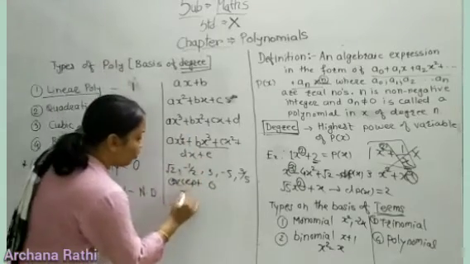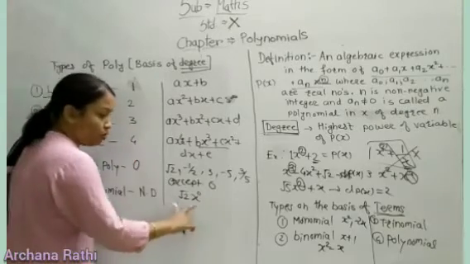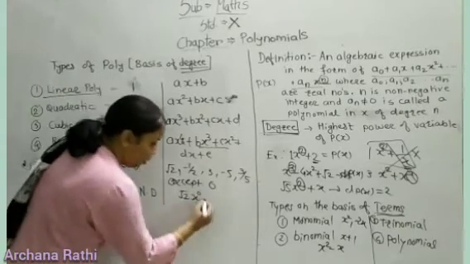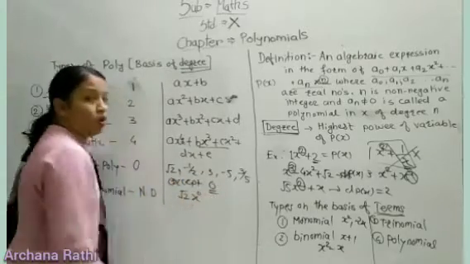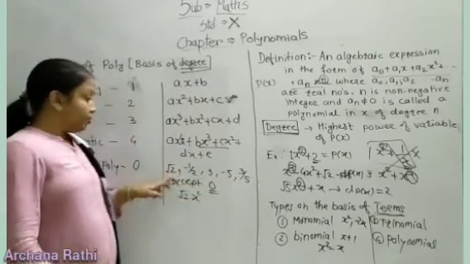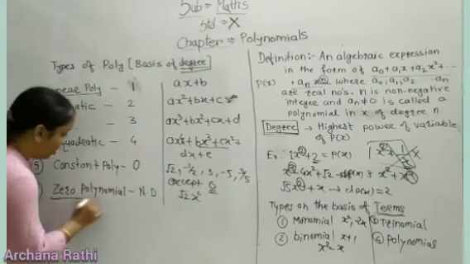How is it 0? You can write root 2 into x raised to power 0. X raised to power 0 means 1. So all the numbers except 0 are called constant polynomials.